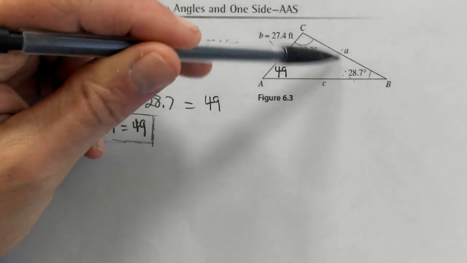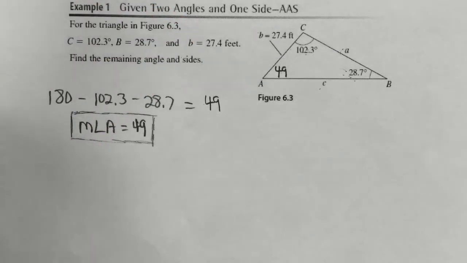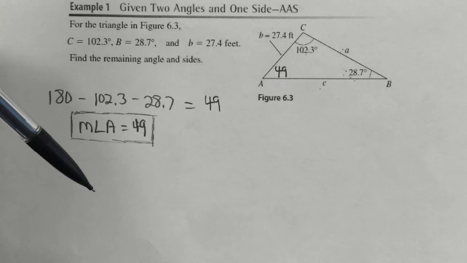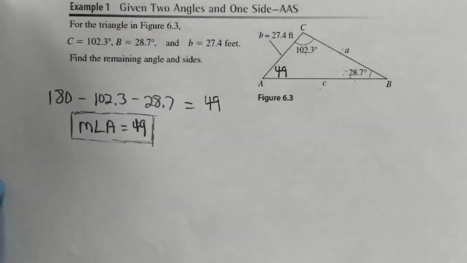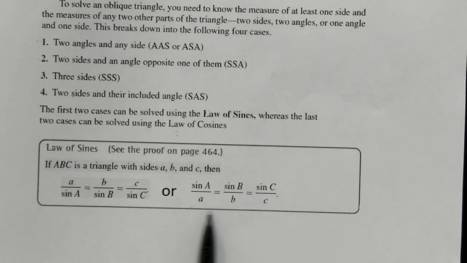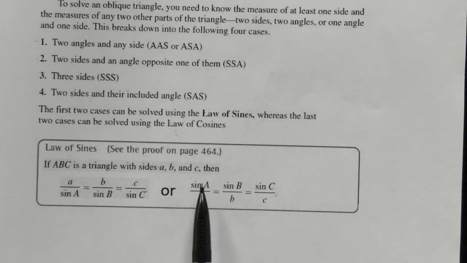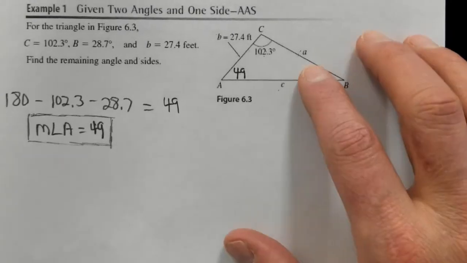I just need to find side a and side c. When you set up the law of sines, what you need to focus on is which two of these fractions you're going to set equal in a proportion. You don't need all three of them, but you can set any two equal to each other and then solve for the missing part. The first fraction needs to involve the missing part.